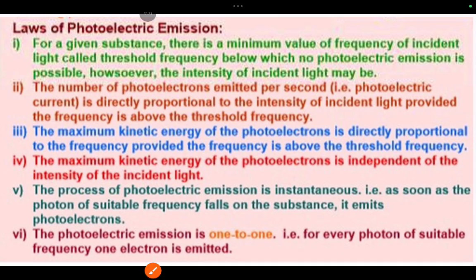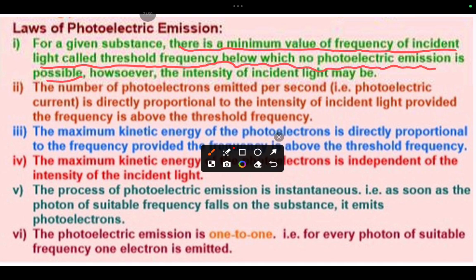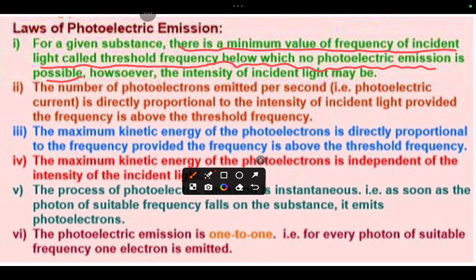Let's see briefly the laws of photoelectric emission. For a given substance, there is a minimum value of frequency of incident light called the threshold frequency, below which no photoelectric emission is possible, however high the intensity of incident light.